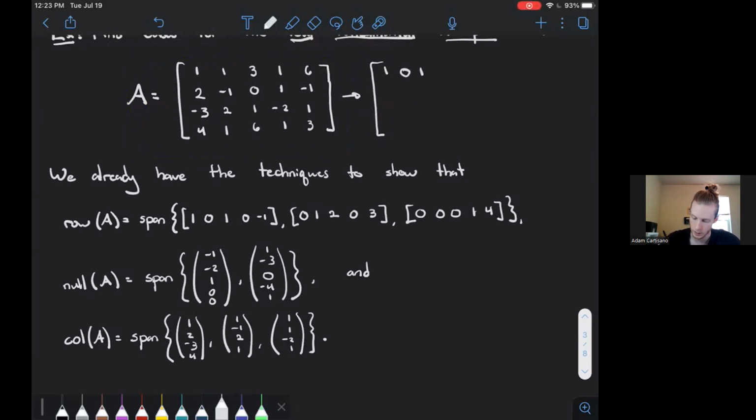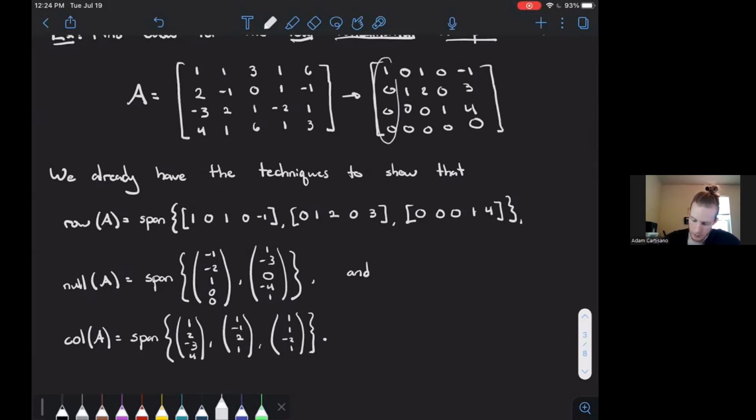It's 1 0 1 0 -1, 0 1 2 0 3, 0 0 0 1 4, and then 0 0 0 0 0. This is the reduced row echelon form of A.